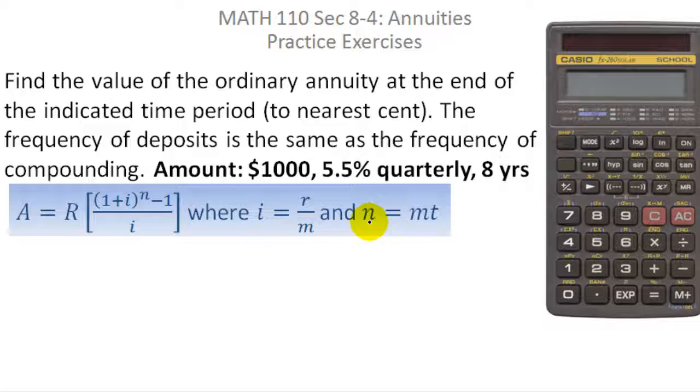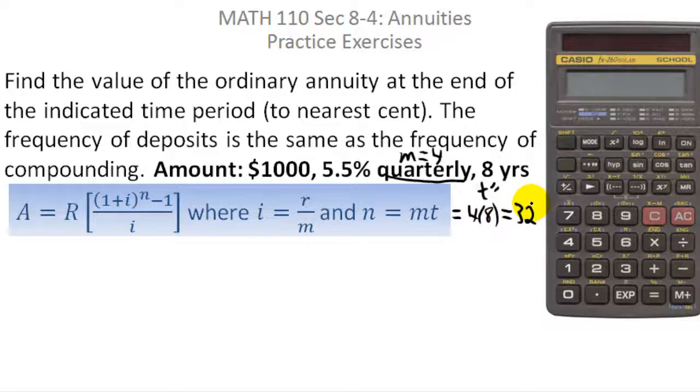It's quarterly compounding, and that automatically means that M is equal to 4. Quarterly is 4 times a year. It's for 8 years, so that's the value of T. So N is 4 times 8, or 32.